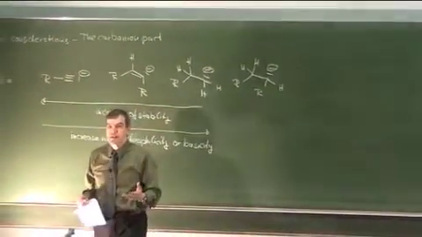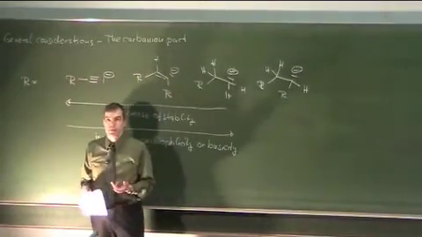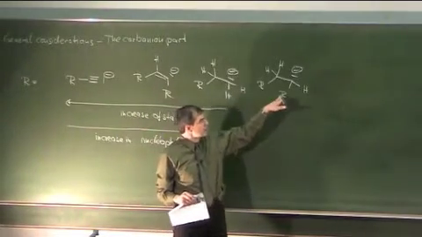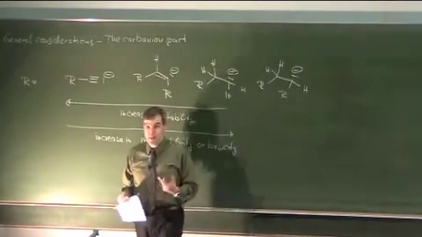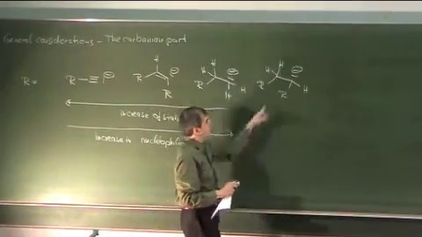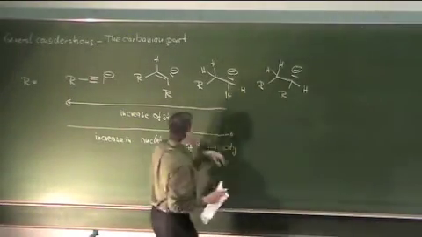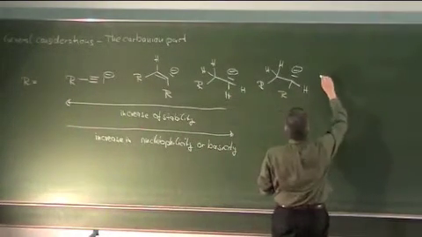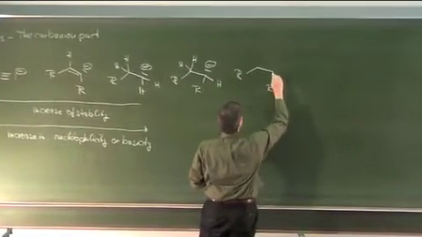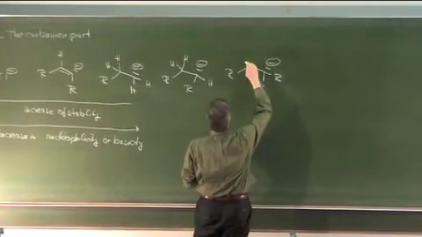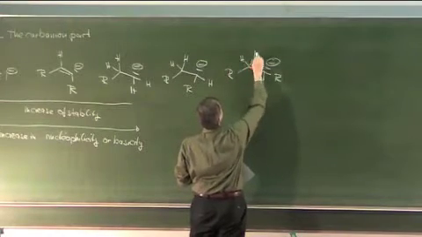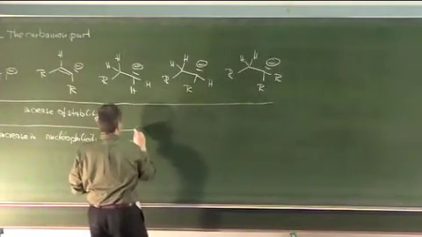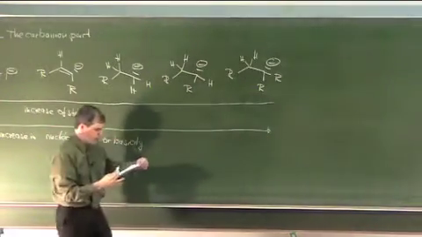We learned last time that alkyl groups stabilize positive charges by hyperconjugation, and by the same argument, alkyl groups destabilize carbanionic centers by their donating character. And therefore, if you go from a primary carbanion to a secondary carbanion to a tertiary carbanion, again, they are less stable, but highly reactive.